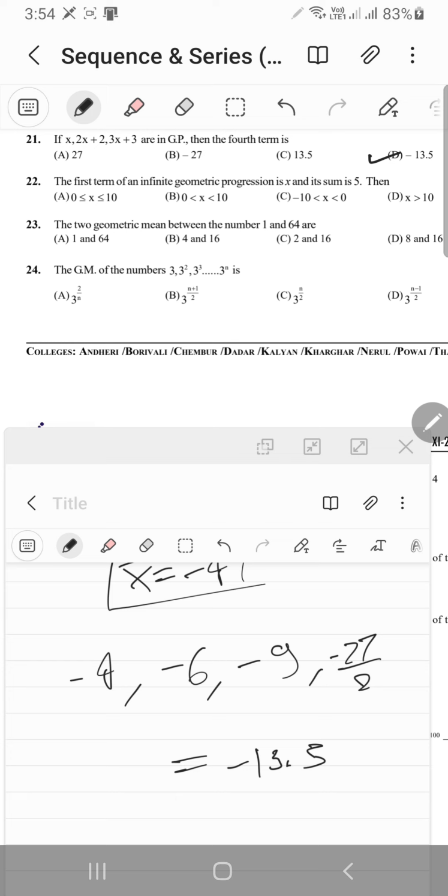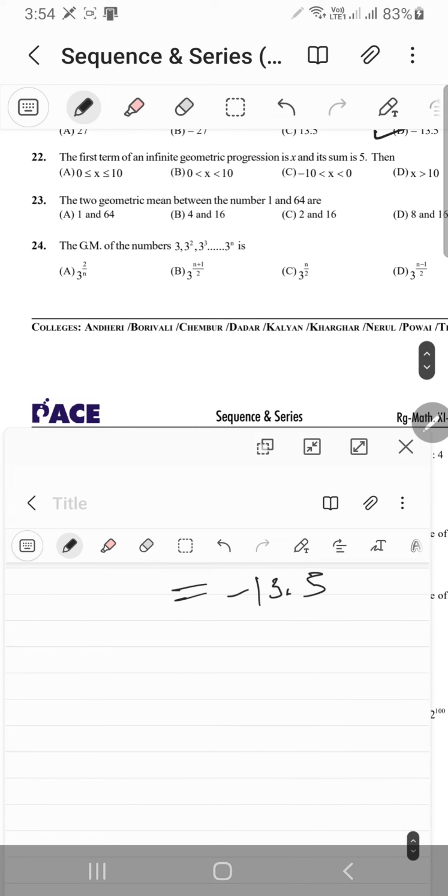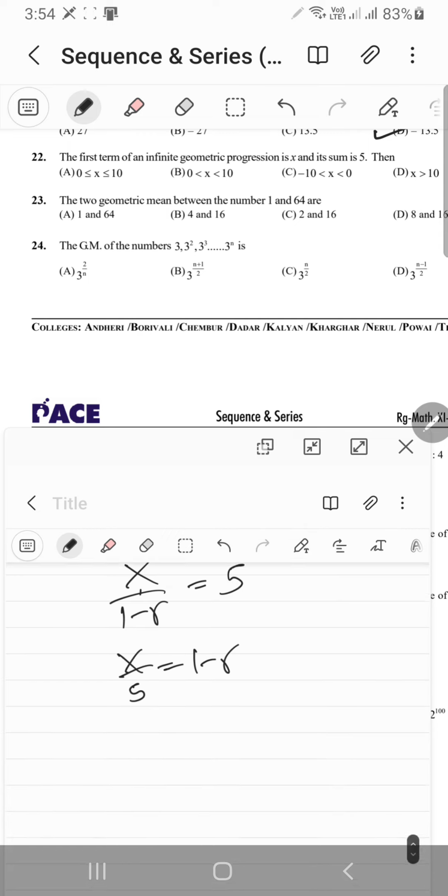The first term of an infinite geometric progression is x and its sum is 5. So a upon 1 minus r equals 5. Instead of a, I should just say x, so x upon 5 is 1 minus r.